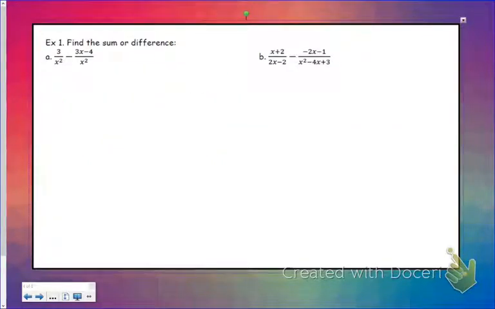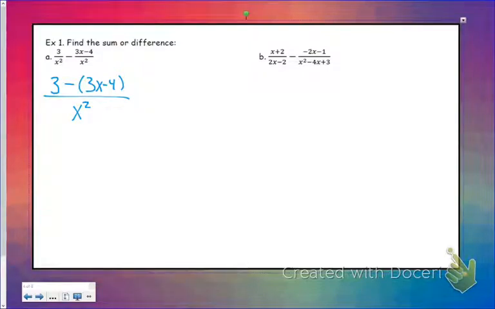All right, so the very first one is actually nicer because it gives us the right denominator already. But what we need to be careful about is how we're subtracting. So I'm doing 3 minus that whole quantity. Since the denominator is the same, I keep that at the bottom, and now I can subtract.